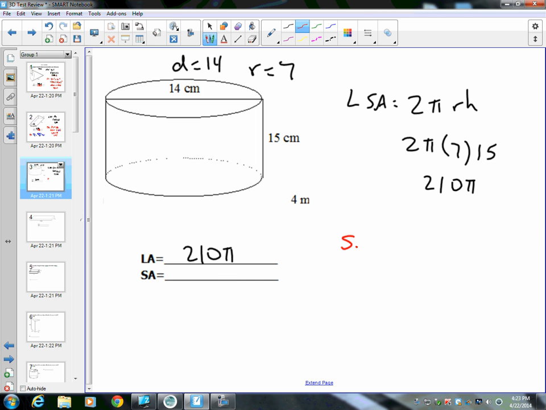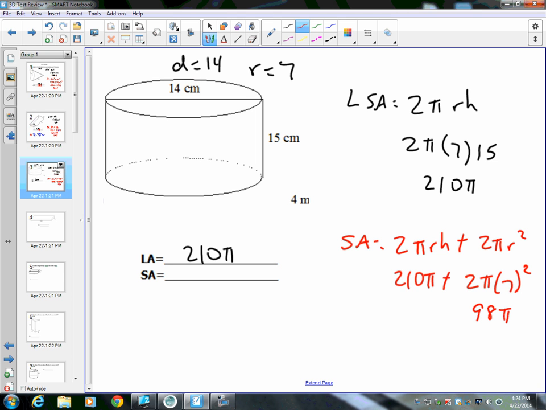Our total surface area, the equation for a cylinder is 2 pi r h plus 2 pi r squared. 2 pi r h we just found was 210 pi. Then we have 2 times pi times radius, which we already found was 7, and we square that. 7 squared is 49. 49 times 2 is 98, so we get 98 pi.